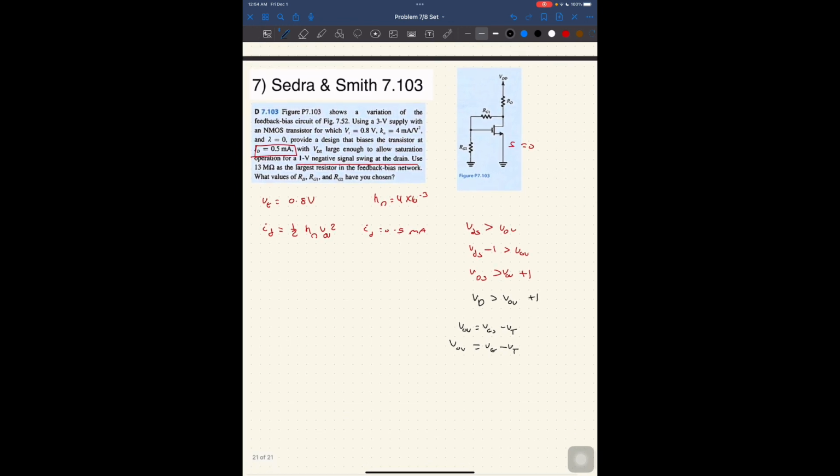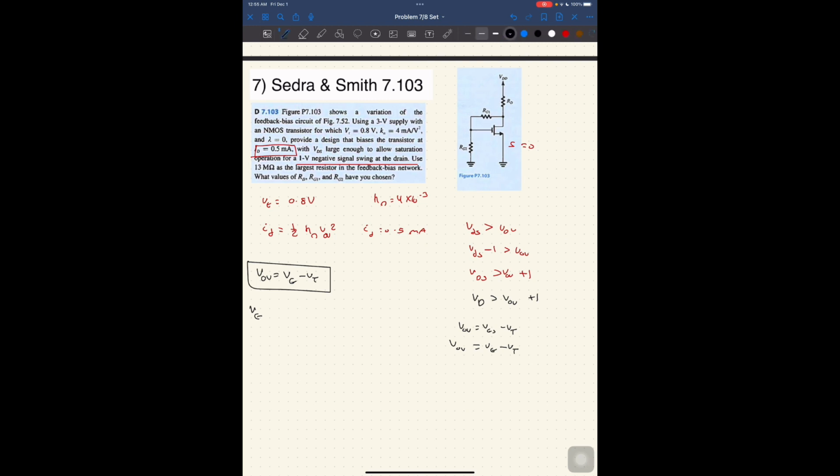Now just looking at this circuit, what can I say about VOV? Again, VOV is equal to VG minus VT. Okay, so what can I say about VG?